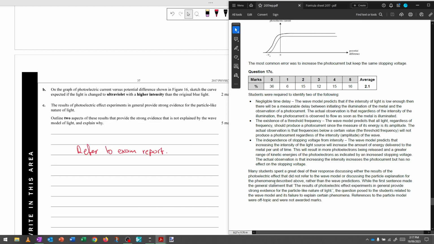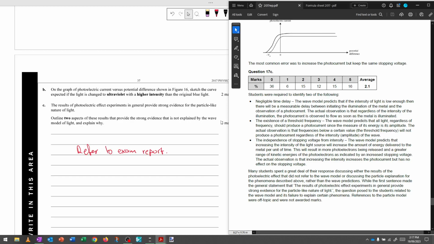Okay. The report also says that many students spent a great deal of the response discussing either the results of the photoelectric effect that did not refer to the wave model, or discussing the particle explanation for the phenomena described above rather than the wave predictions. So the question is, outline two aspects of these results that provide the strong evidence that is not explained by the wave model.